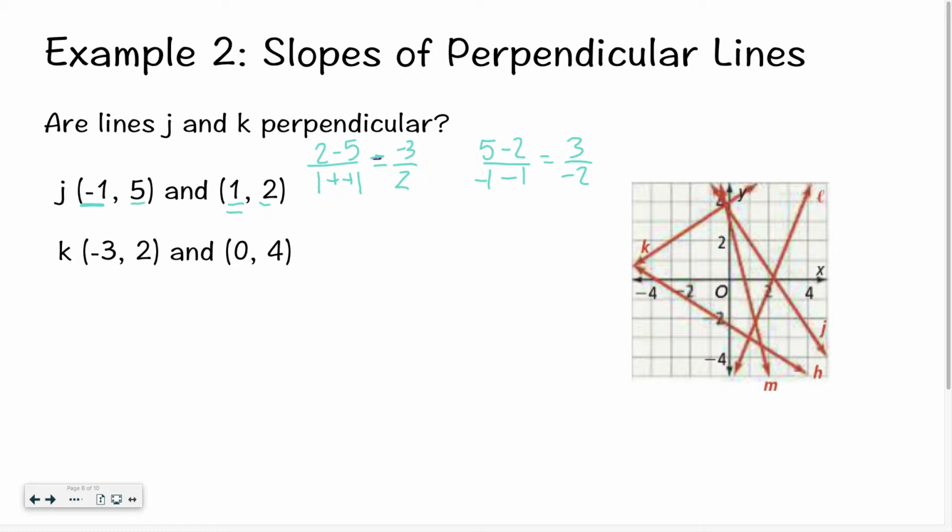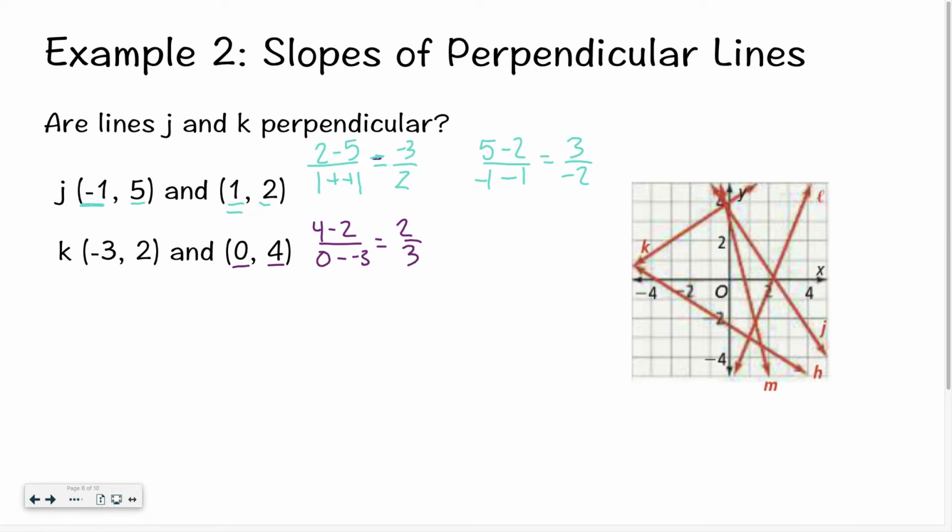I just wanted to show you that it doesn't matter what order you choose the points in as long as you're consistent. Just like when we did distance formula, just like when we did midpoint formula, as long as you're consistent, you're okay. Alright, and then let's find the slope of line K. So if I do 4 minus 2 over 0 minus negative 3, 4 minus 2 is 2, 0 minus negative 3 is a positive 3.